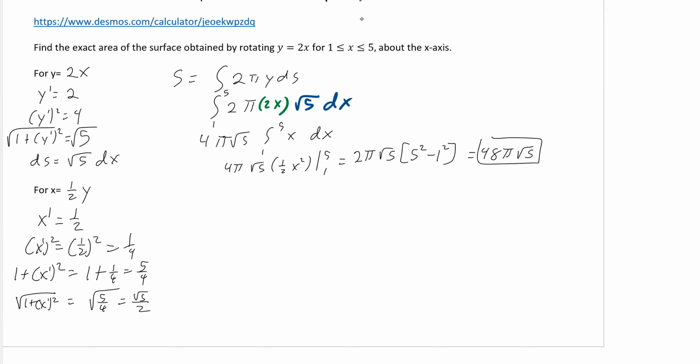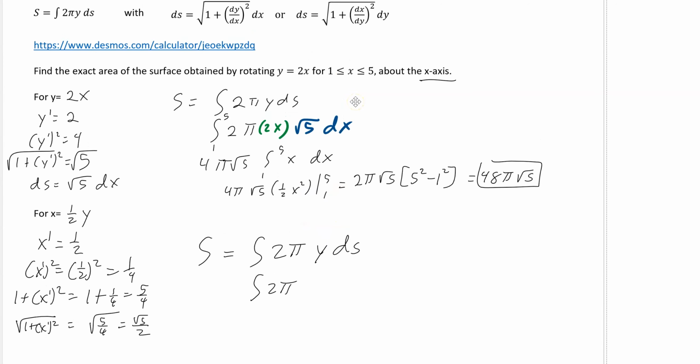And then now we plug it in. So s equals integral 2 pi y ds. See, it doesn't change. It's 2 pi y ds because we're rotating it about the x-axis. So same exact formula. So now we get the integral of 2 pi. And this time, we don't change y because if you look at our formula up here, we just took this with respect to y.